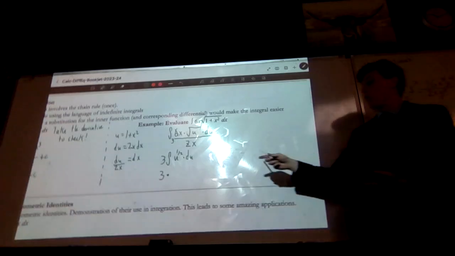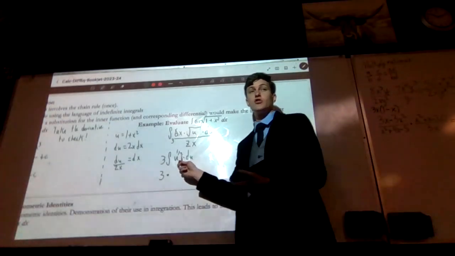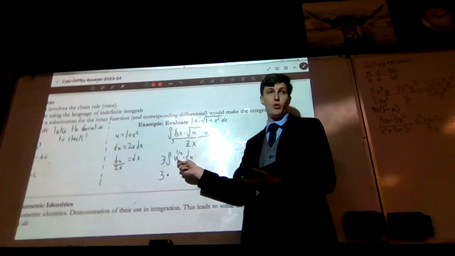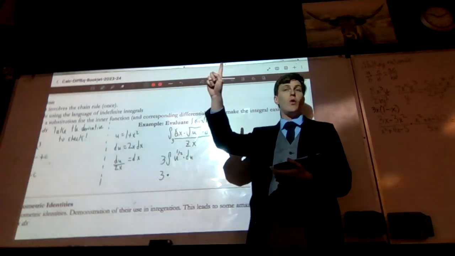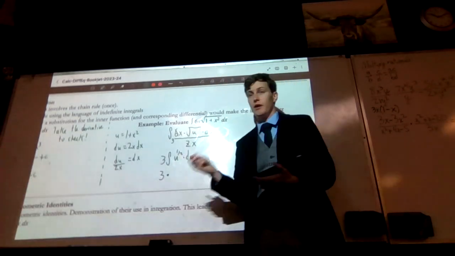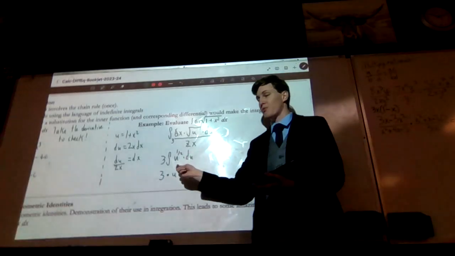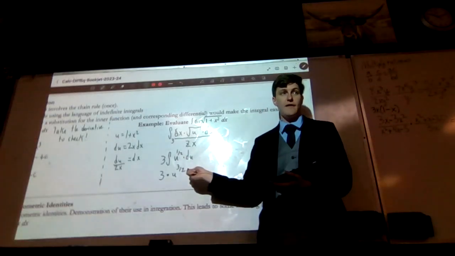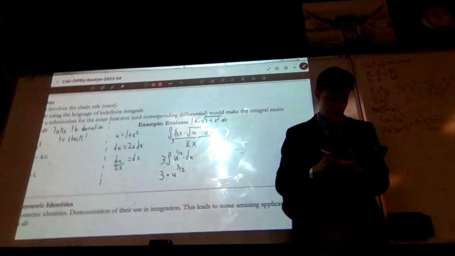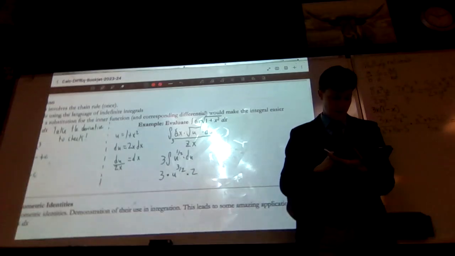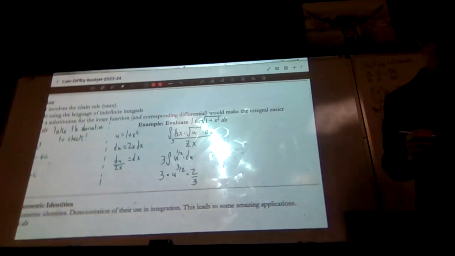And remember, when you're doing antiderivatives, where you use the power rule, what are we going to do with the 1/2? We're going to add 1. So what's 1/2 plus 1? 3 halves. And then divide by 3/2, which means you multiply by 2/3, times 2 over 3.